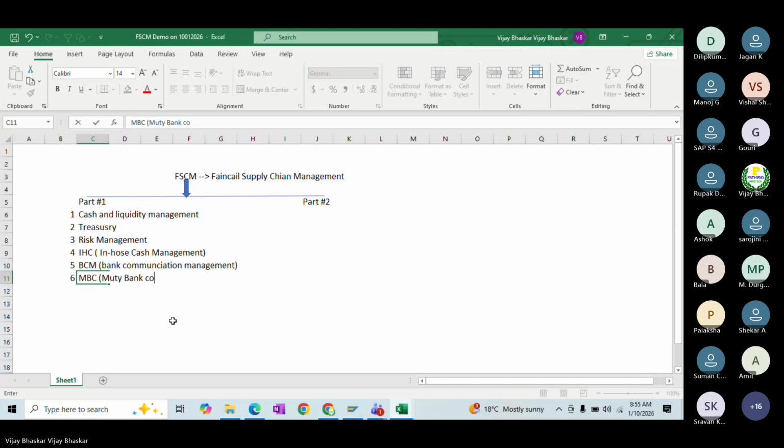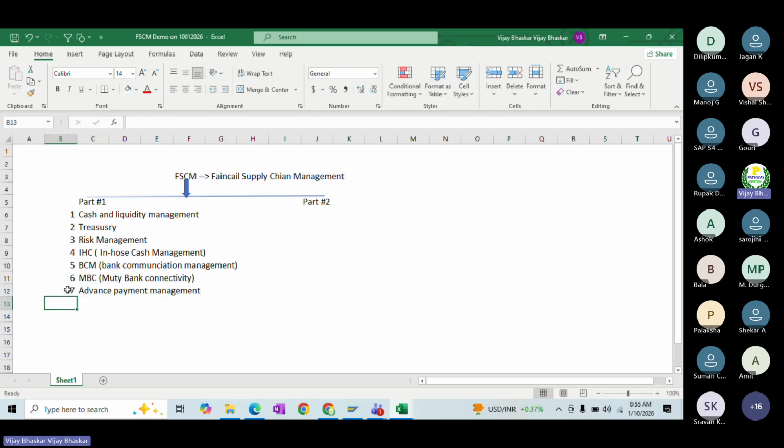This is also part of FSCM. There is one you might have seen recently, advanced payment management. The next topic is commodity management. So these are the topics which will be part of part one.